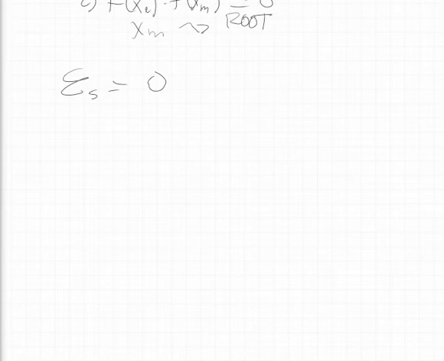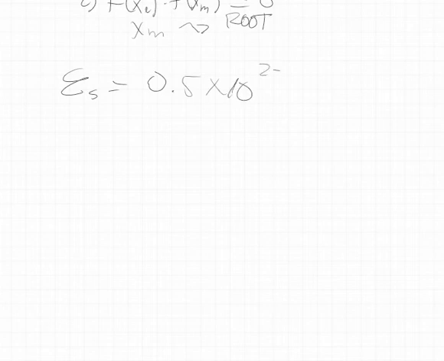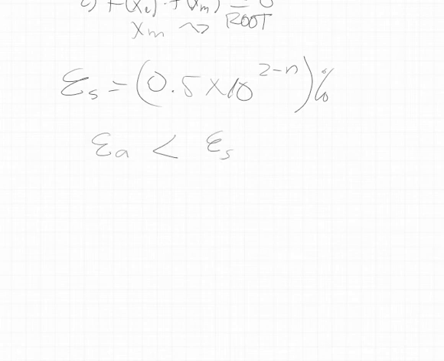It is 0.5 times 10 raised to 2 minus n, so this is in percent, where n is the number of significant figures. So it's still applicable here. This will be our stopping criterion when epsilon a, our approximate error, is less than the stopping criterion, absolute value.